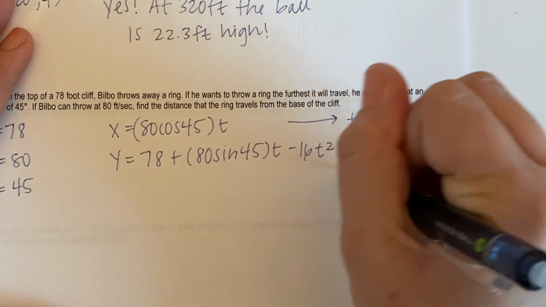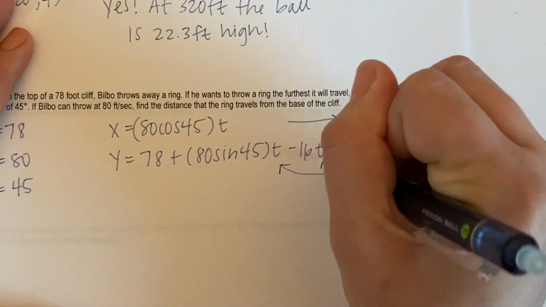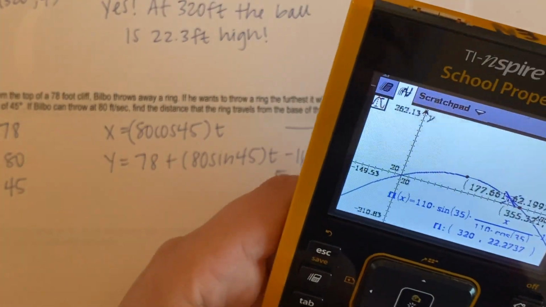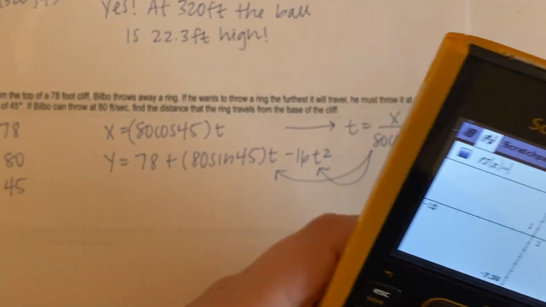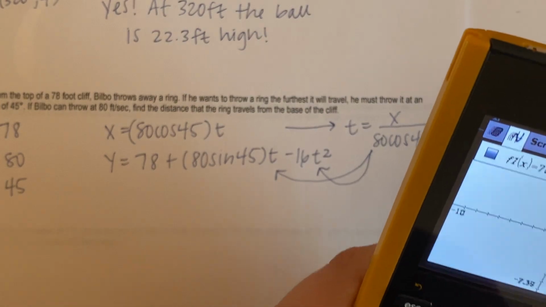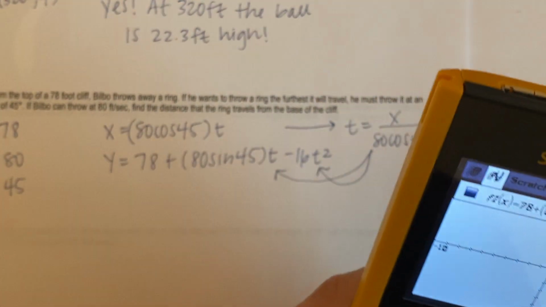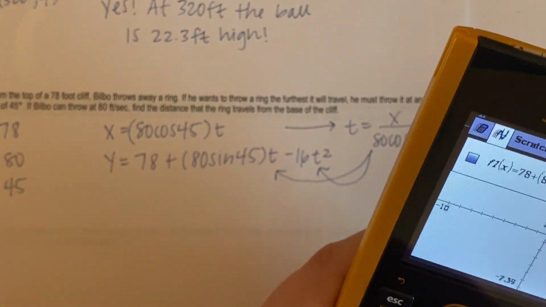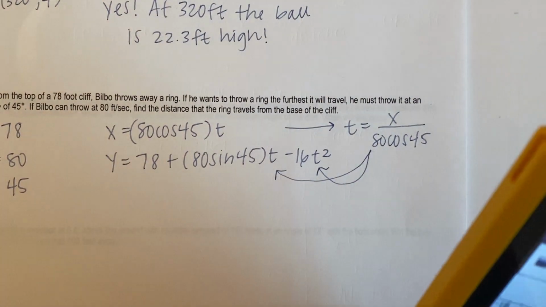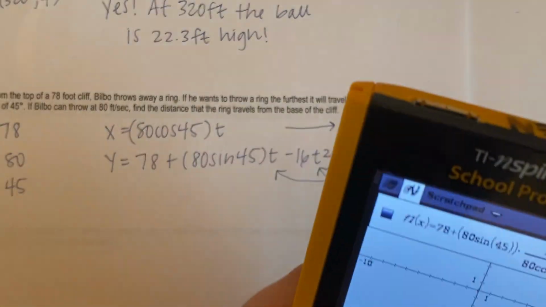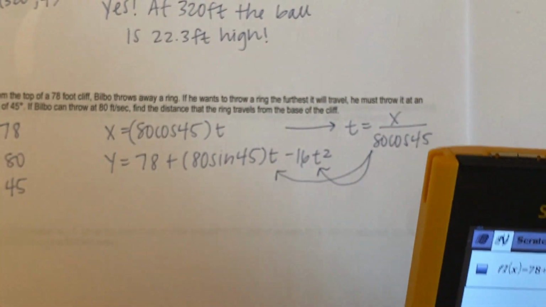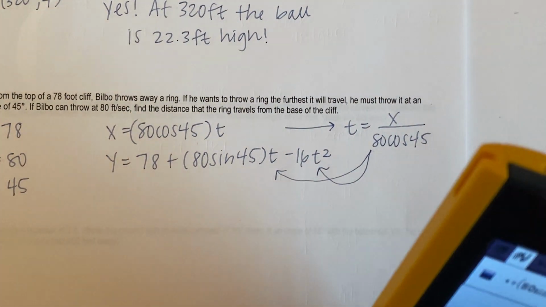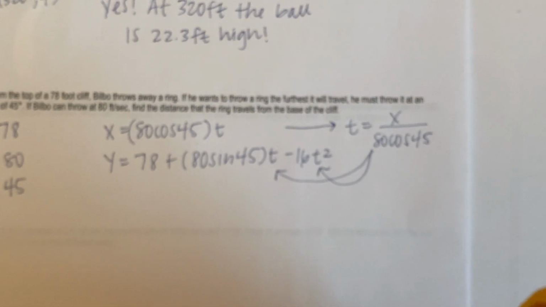And now to graph it, you plugged this in for t. Oh, I should have graphed it already. It's okay, I'm really quick. 78 plus 80 sine 45 parentheses times x over 80 cosine 45 minus 16 times x over 80 cosine 45 squared.